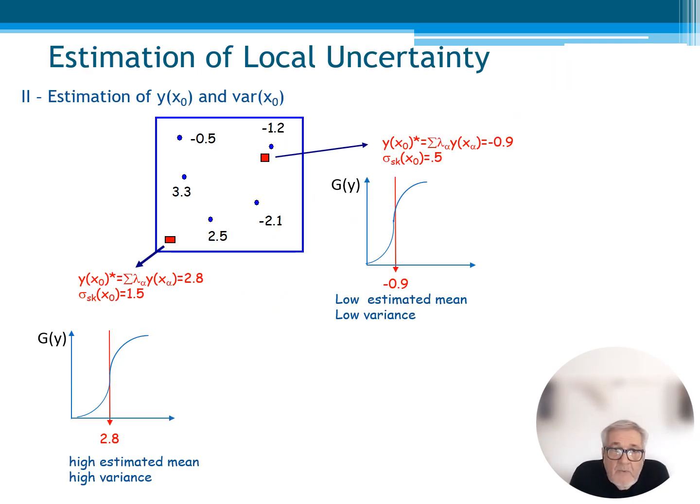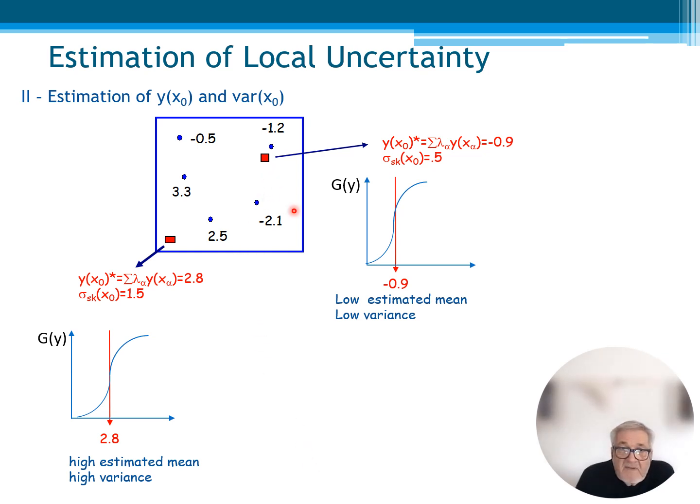So how does it work? We transform. We now have our Gaussian variable. At any location, we do the simple kriging with the surrounding sample values. For example, in this case, we have a local mean of 2.8 and a variance of 1.5, which is represented by the local CDF here, which corresponds to a high estimated mean and high variance.